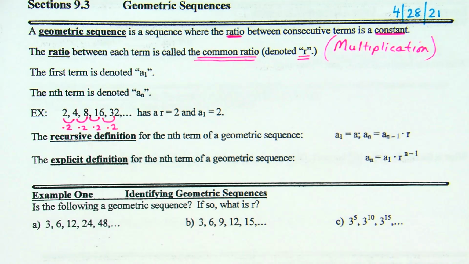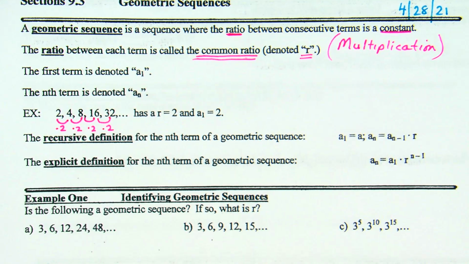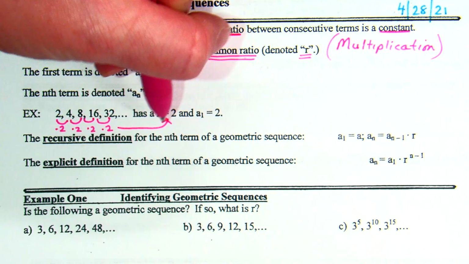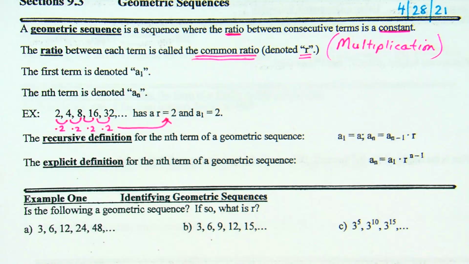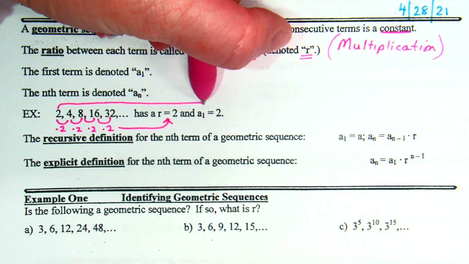So that is an example of a geometric sequence because you're multiplying by the same number every time. Because we're multiplying by 2 every time, that tells me my R, my common ratio, is 2. And A1, what do we know about A1? A1 is 2 because my sequence started with a 2.